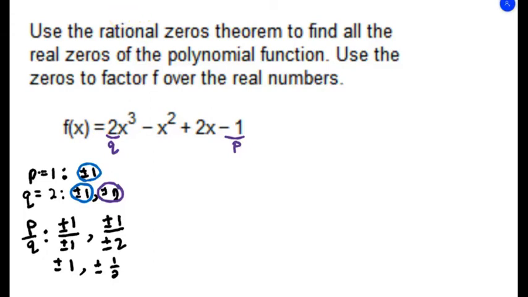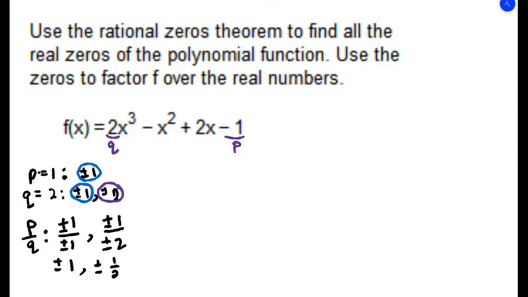So we are going to now test out these zeros using our remainder theorem. The remainder theorem says that if we get a remainder of 0, then we have a factor of the polynomial. Well, I guess that would be the factor theorem, not the remainder theorem.